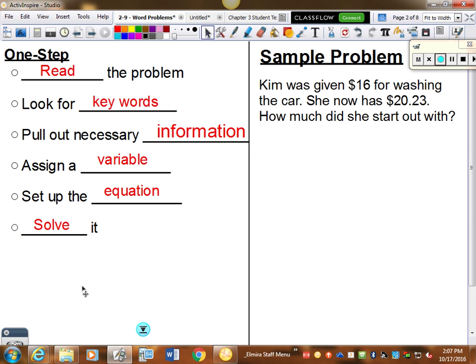So our first sample problem says Kim was given $16 for washing the car. She now has $20.23. How much did she start out with? I understand that your first inclination is going to be to just subtract those numbers.